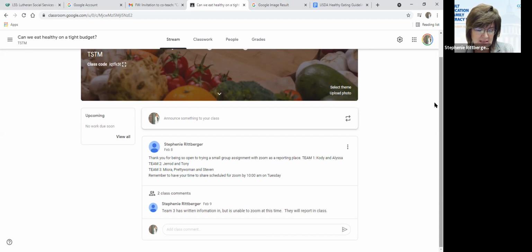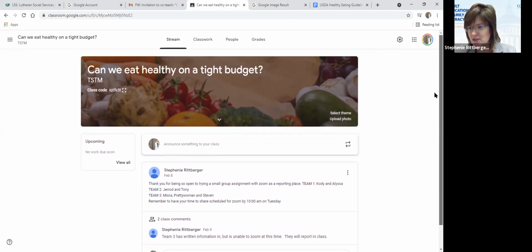The next one was, what is available as healthy options in the supplemental box? So they took a look at Feeding South Dakota, the Salvation Army boxes and the commodity boxes, and they had to identify what was in there and what was actually healthy. The third prompt is, what is the cost of fresh food versus frozen or canned or dried foods, and what's the nutritive value?